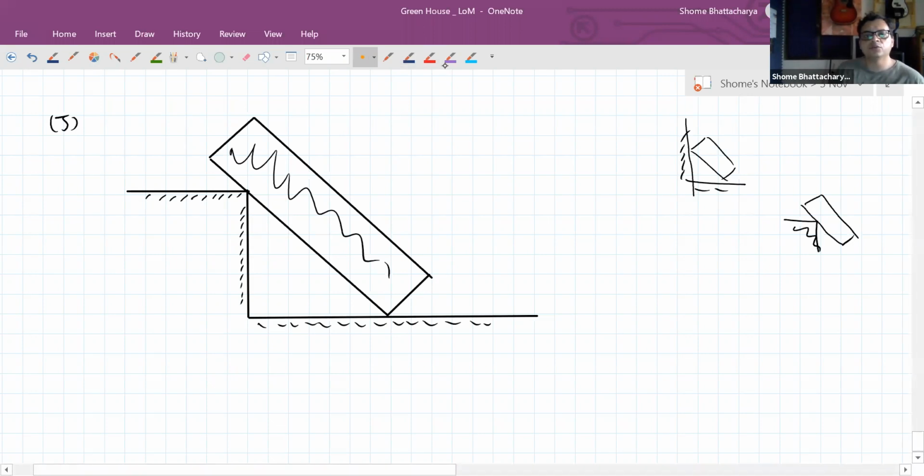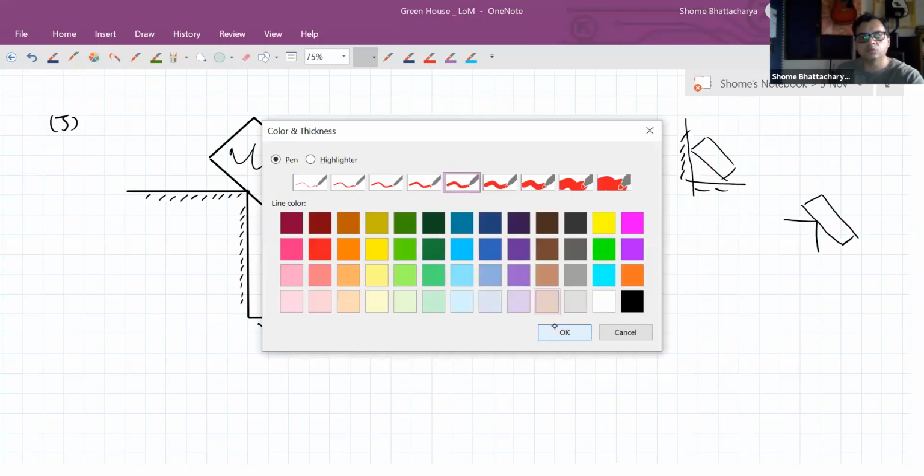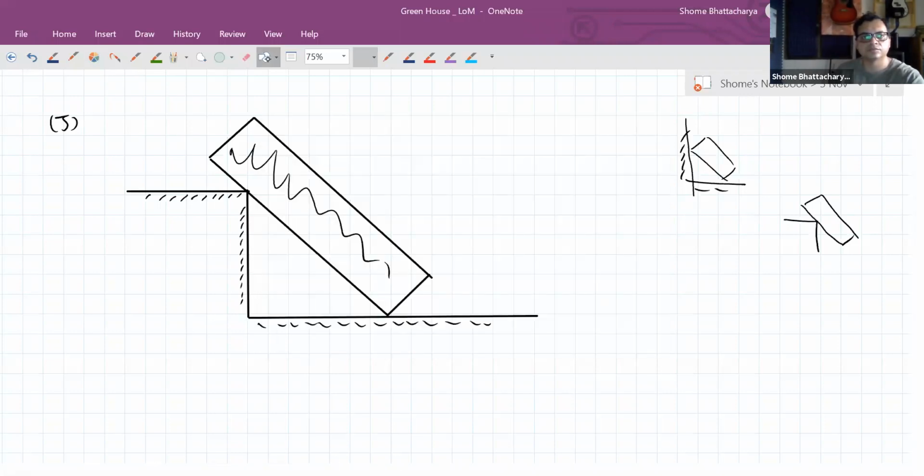So at this point what is happening, this is the plane of contact. So the normal reaction that this guy will be applying will be like this. It will be along this kind of direction. The normal contact force will be along this line.